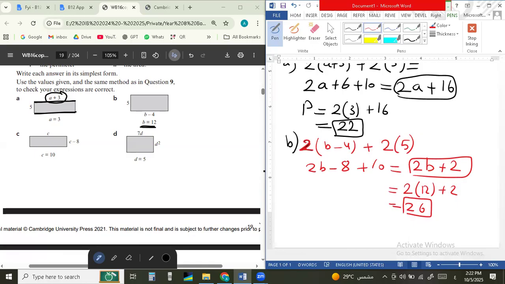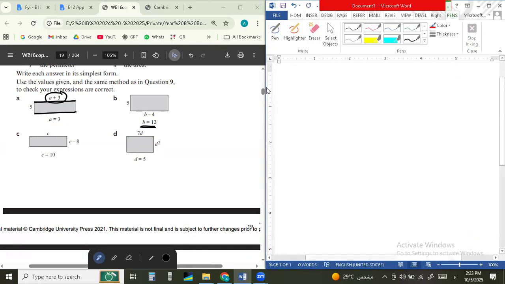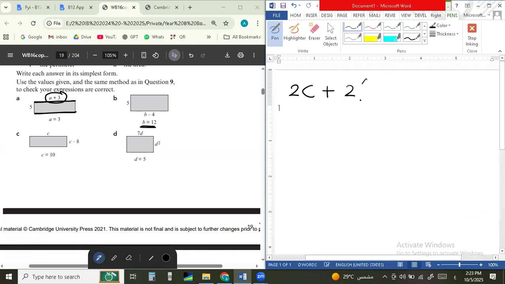Next, in C, we're going to double the length, which is C, double C, plus double the width, which is 2 times C minus 8, equals, here 2C plus 2 times C is also 2C, then minus 2 times 8 is 16.